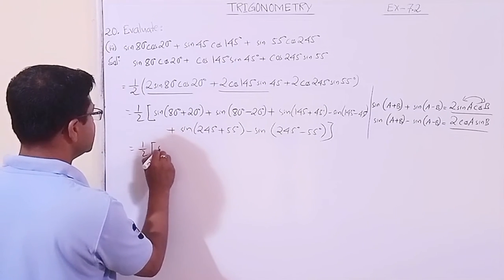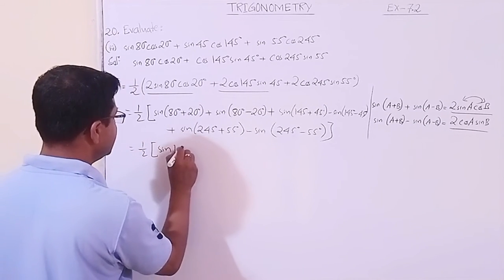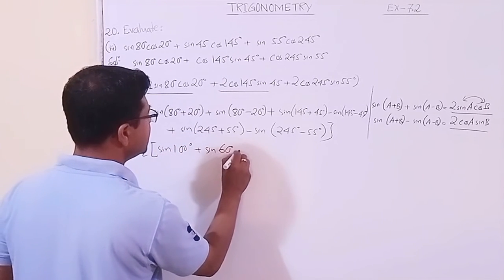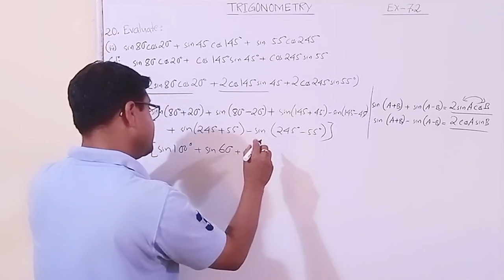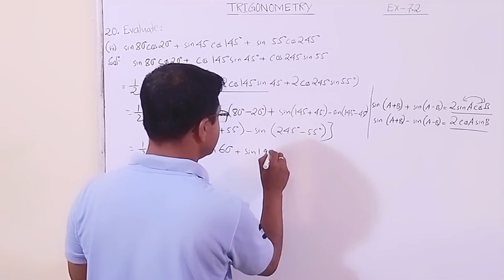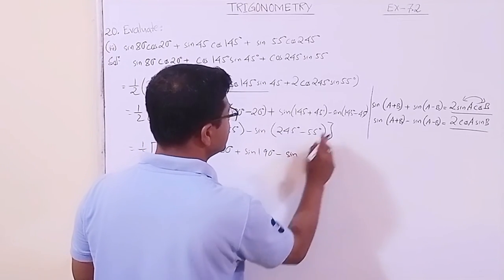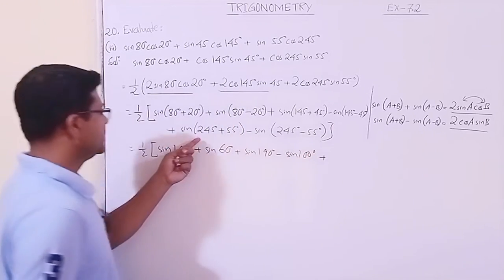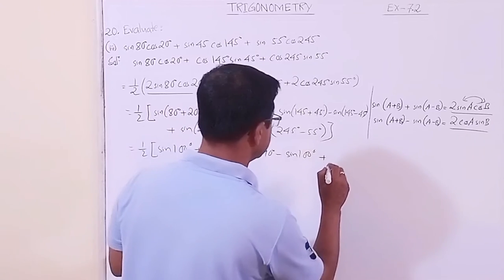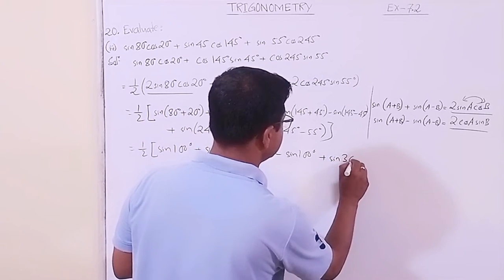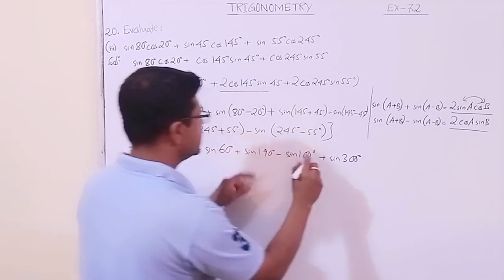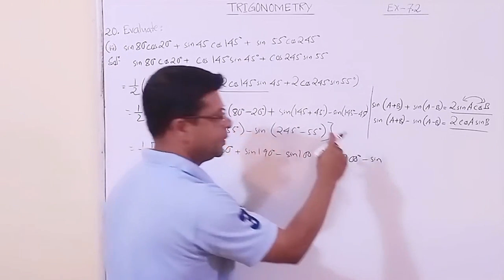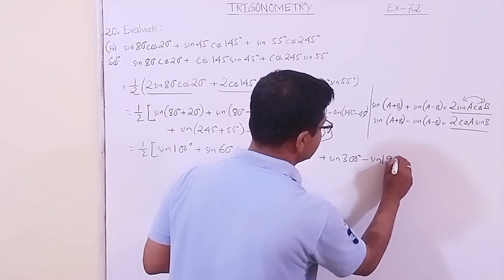Half sine, this is 100 degree, sine 60 degree, sine, this is 190 degree, minus sine of 145 minus 45 is 100 degree, then this one, how much? This is 300 degree, sine 300 degree, then minus sine of 245 minus 55, obviously 190 degree.